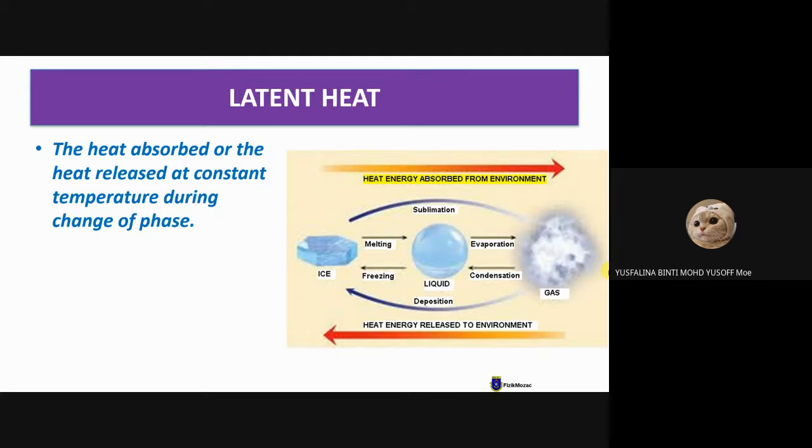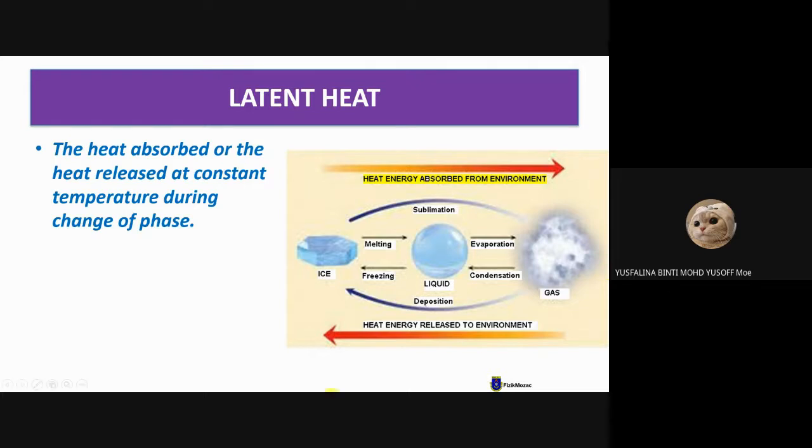But for the specific latent heat, the temperature will not increase. Only the change of phase occurs, from solid to liquid, liquid to gas, or gas to liquid, but there is no change of temperature. So that is the latent heat.